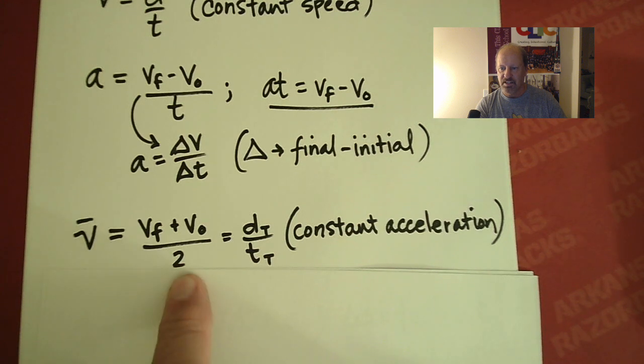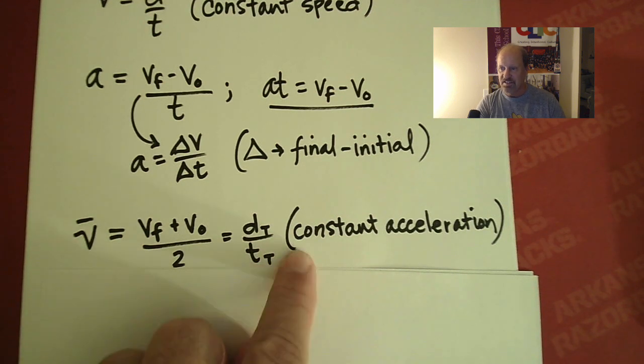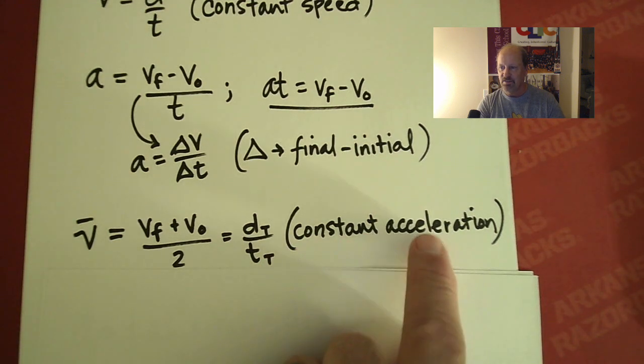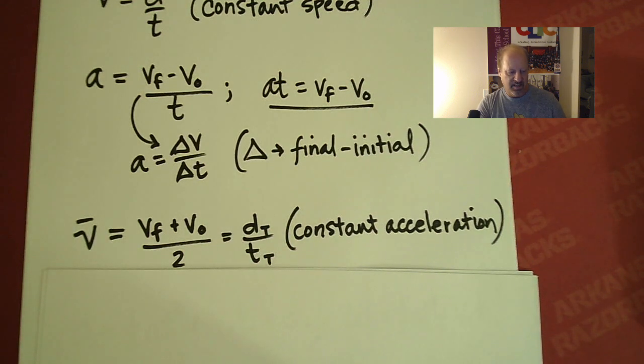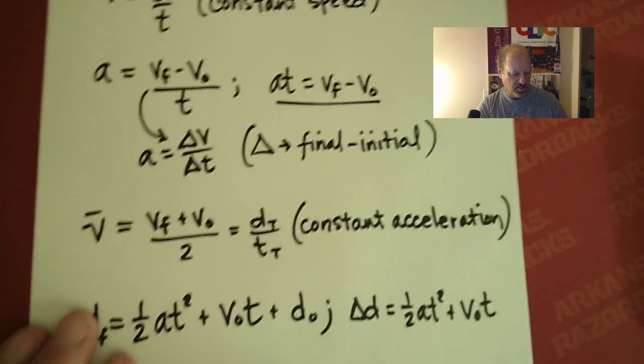So it'll be the velocity in the middle of that whole range of velocities. And it's also equal to total distance divided by total time. So it doesn't have to be going constant velocity for us to calculate that. We can say if it's accelerating constantly, we can take total distance over total time to get the average velocity. That could be even irregular acceleration, but that's a separate discussion.